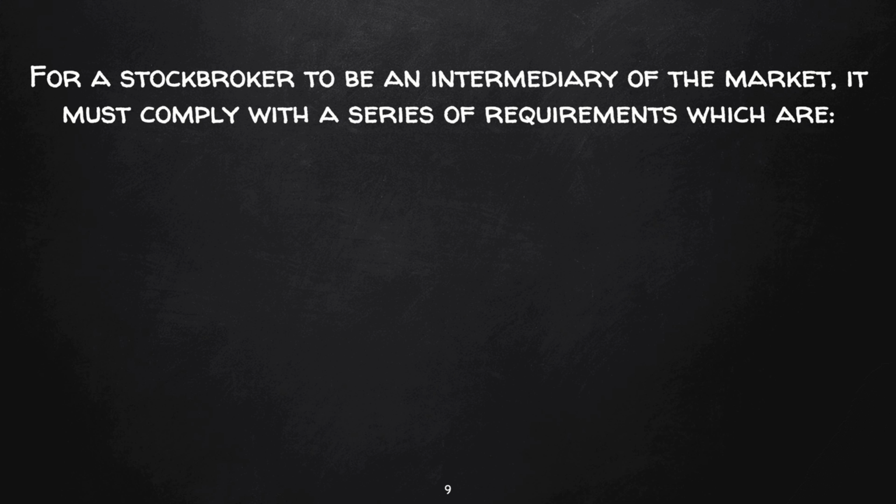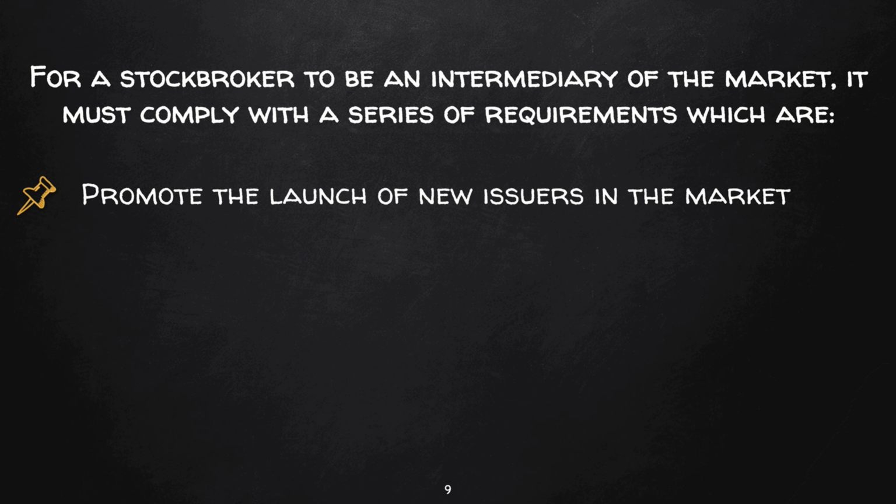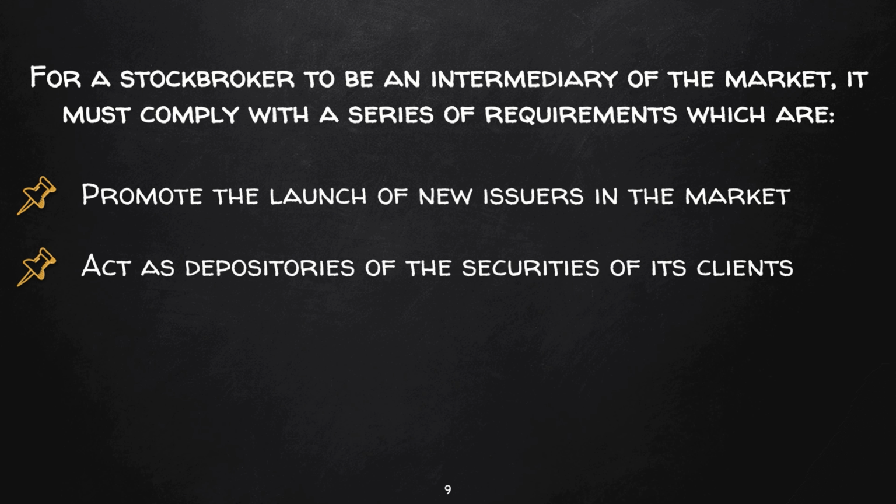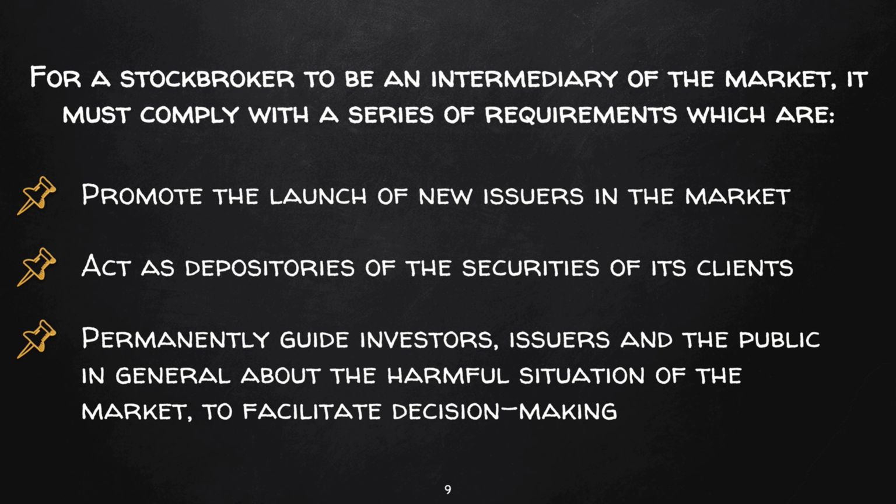For a stockbroker to be an intermediary of the market, it must comply with a series of requirements, which are: promote the launch of new issues in the market, act as depositories of the securities of its clients, and permanently guide investors, users, and the public in general about the situation of the market to facilitate decision making.